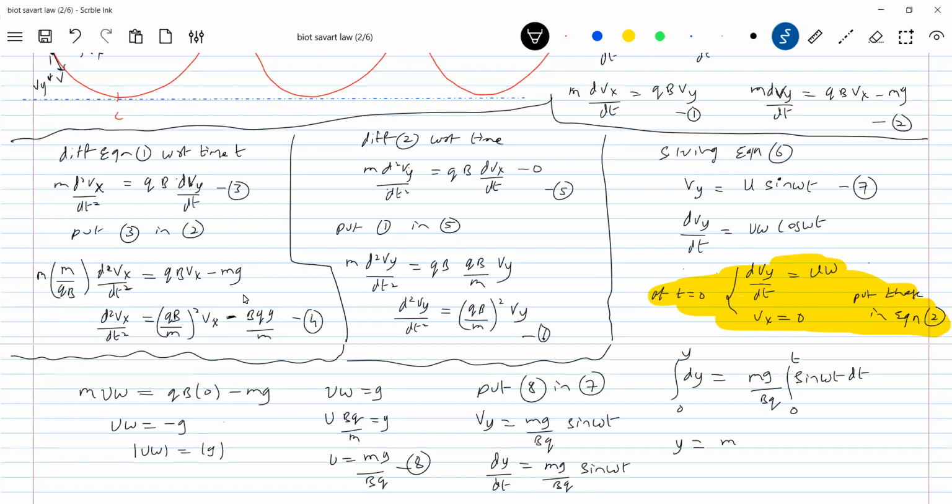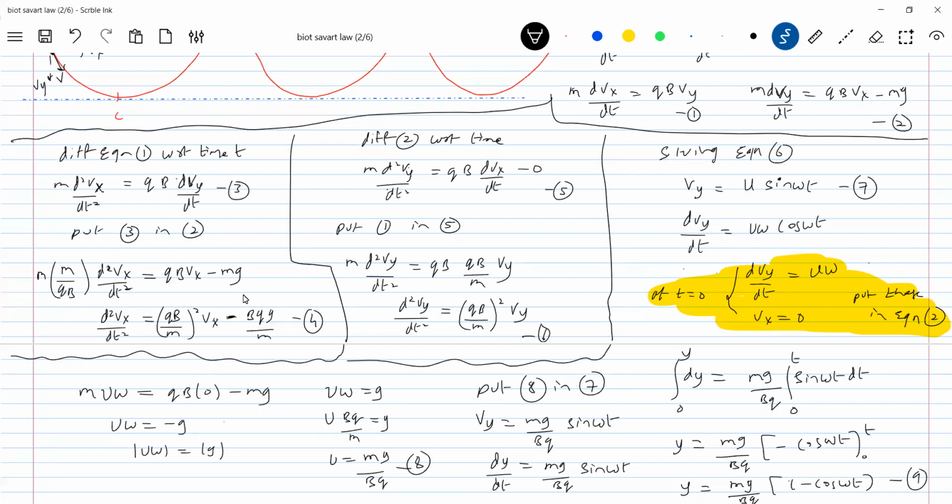So y is equal to mg by bq minus cos omega t from 0 to t. So what is the value of y? Mg by bq, 1 minus cos omega t. So this is the equation 9.